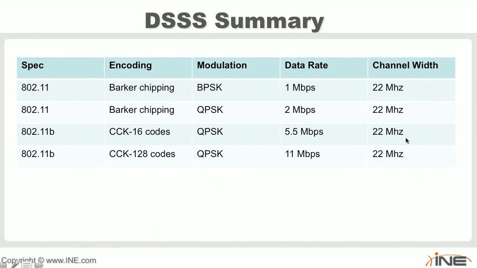We talked earlier about 20 megahertz wide channels, and that's what we use today, 20 or 40 megahertz wide channels, but the older standards used 22 megahertz wide channels. 802.11b with CCK 128 coding using DQPSK achieved speeds of 11 megabits per second.